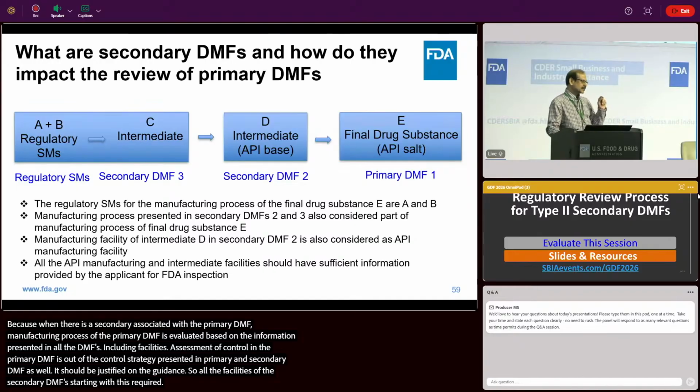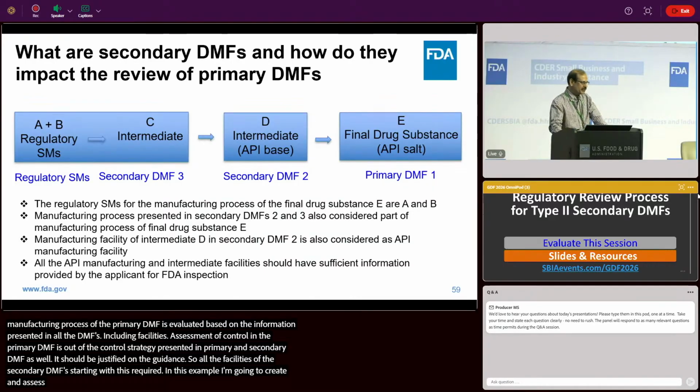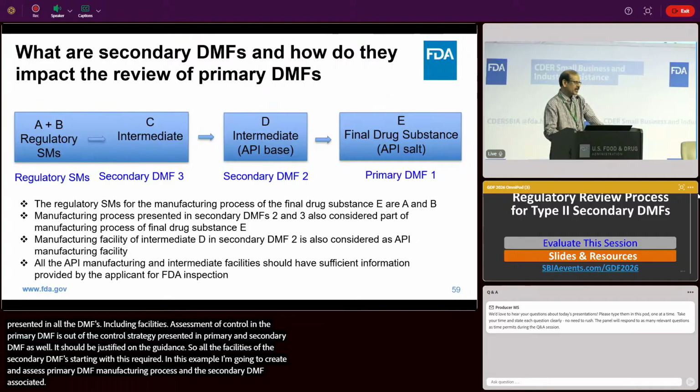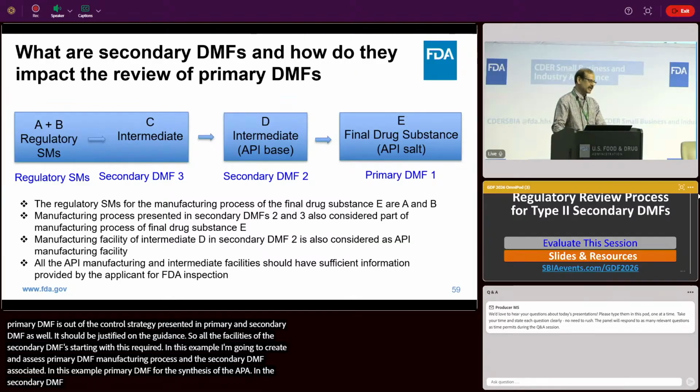In this hypothetical example, I'm going to illustrate how we assess primary DMF manufacturing process when secondary DMFs are associated with it. In this example, primary DMF1 for the synthesis of its final drug substance API salt, that is E, refers to a secondary DMF, that's intermediate D, which itself is an API base.